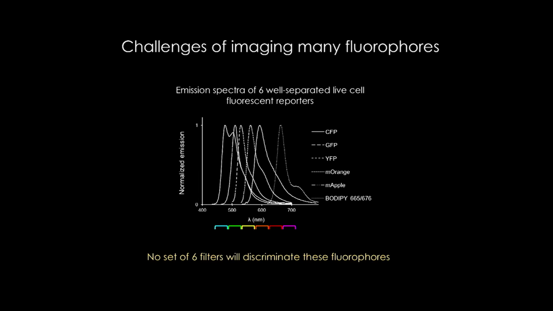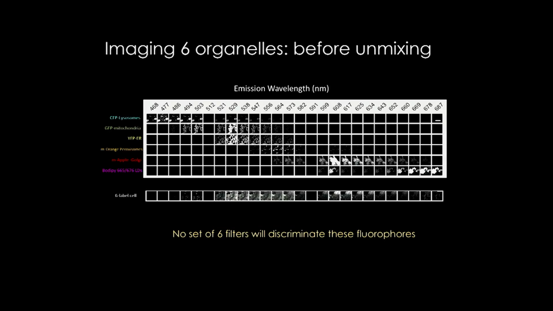And what that means is that if you tag a particular organelle with different fluorescent probes, like the ones that I just mentioned, which are the most widely used fluorescent probes, and then you image, essentially, you go across the emission spectrum to look at any particular wavelength of light, you can see that you have overlap at any particular wavelength.